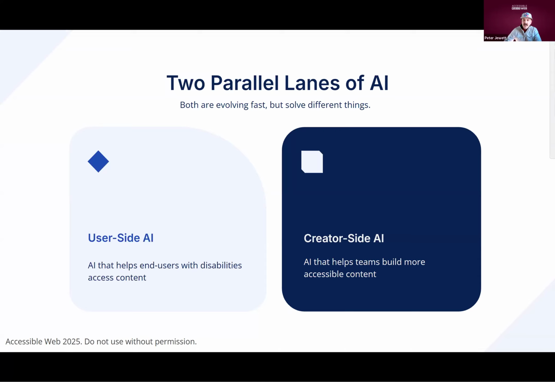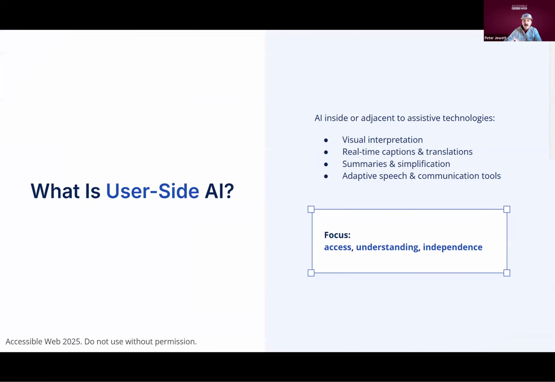And then the second lane is creator-side AI, so the AI that helps teams build more accessible digital experiences. This includes automated WCAG detection, structure suggestions, AI-powered design inspection. Both lanes are evolving quickly and they solve different problems for different user groups.